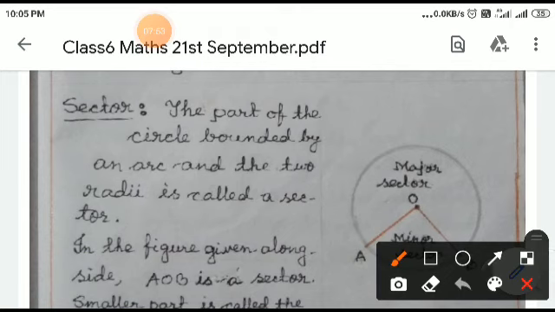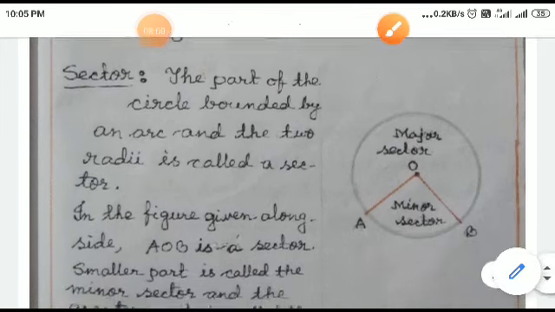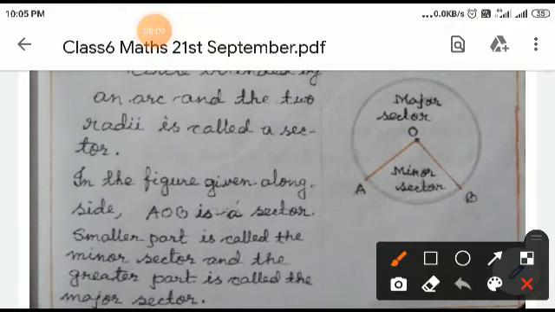So the part of the circle bounded by an arc and 2 radii is called a sector. Here AOB is a sector. The region is called the sector, and on the opposite side, this is also a sector.